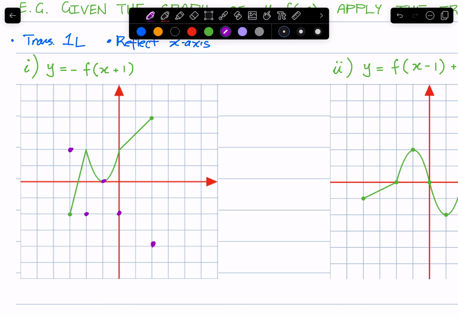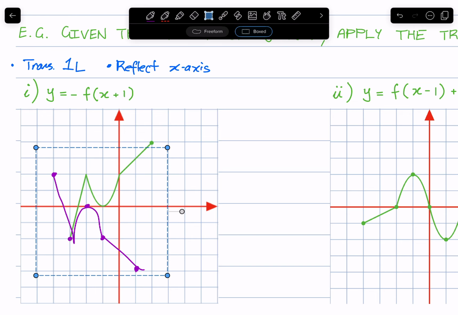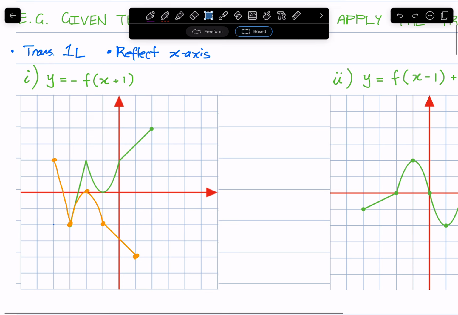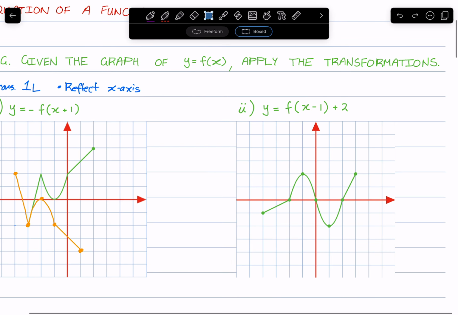Now you can see the current position of this first reflection. But if we then move this to the left 1 unit, you can see that it is no different had we translated it first and then reflected. Let's go back to my neater version. There we go. Okay, so let's move on to this next one.